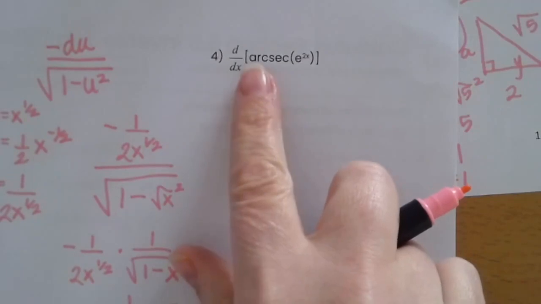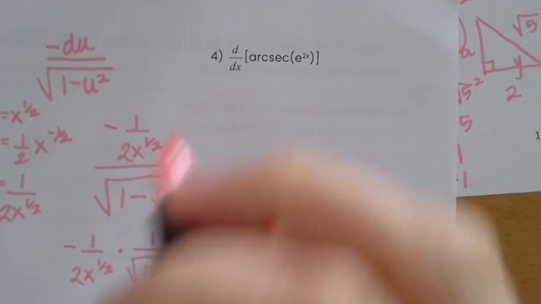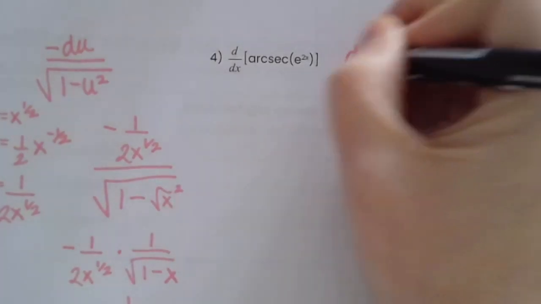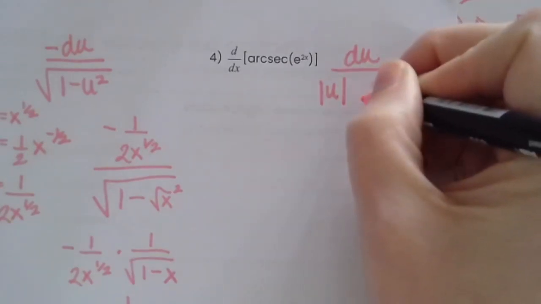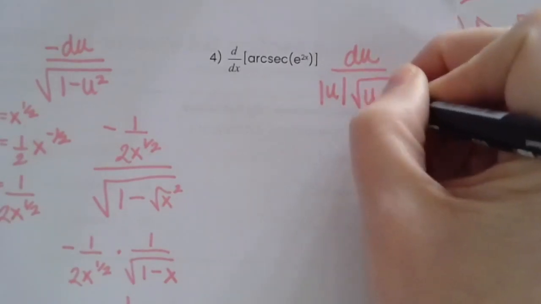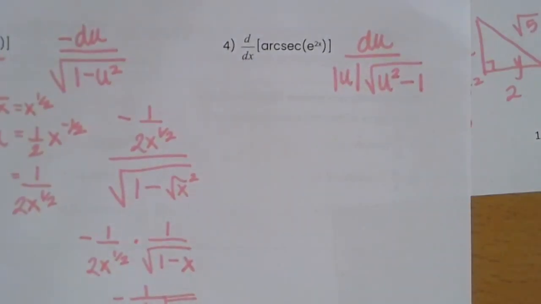For number 4, we have the derivative of arcsecant of e to the power of 2x. Arcsecant has its own formula as well. Arcsecant is du over absolute value of u times the square root of u squared minus 1. So this is the formula we're working with.